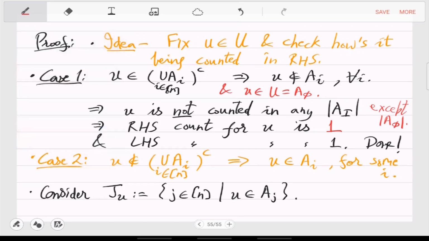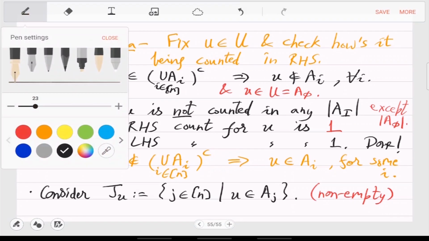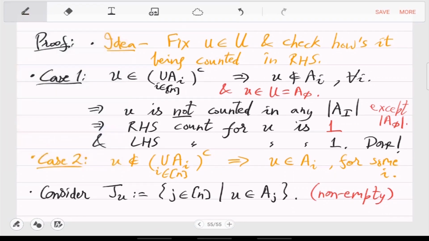And this is non-empty. Right? Because we have deduced in this case that JU will at least be a singleton, and maybe its size is anything between 1 to n. It's not 0, that's all we know. So let's define the size of JU to be K, which is positive.